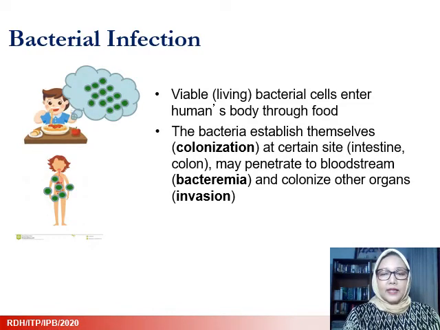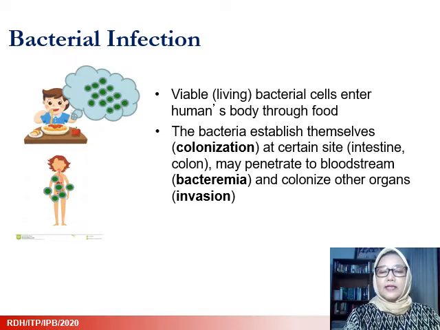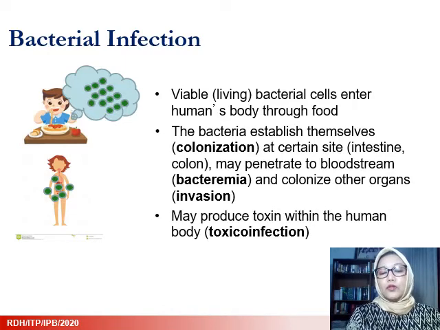Once they enter the body, they may be able to establish themselves, this is called colonization, at a certain site, for example, on the intestines, and they may penetrate to the bloodstream, this is called bacteremia or septicemia, and they may also colonize other organs such as liver, kidney, etc. This part is called invasion. They may produce toxins within the human body, and this is called toxico-infection.